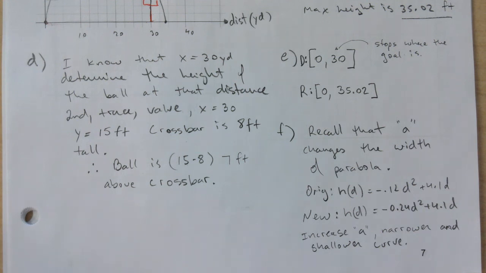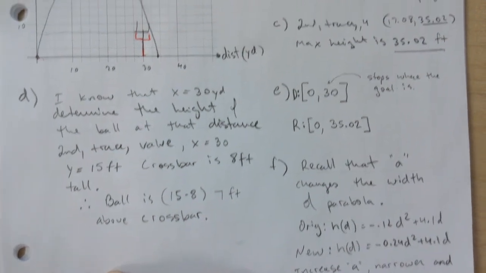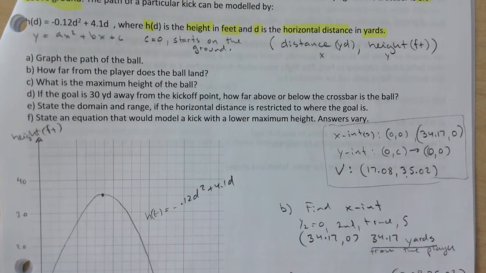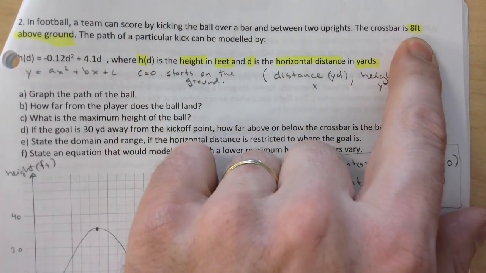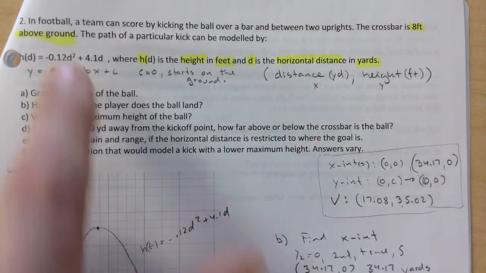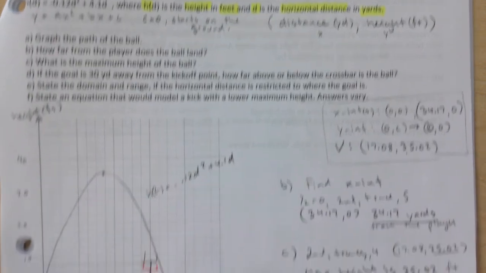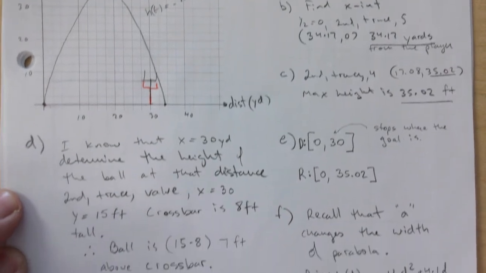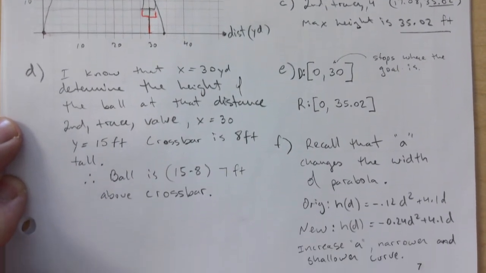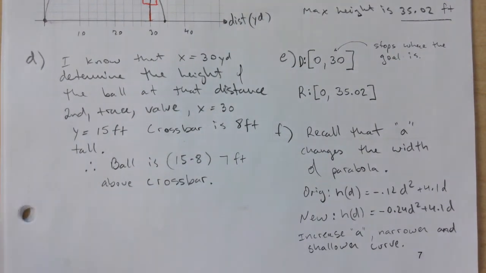It tells you in the question way up there that the crossbar is 8 feet above ground. I'm going to go back down because I'm sure somebody's still copying this. Do keep going, 8 and 9.